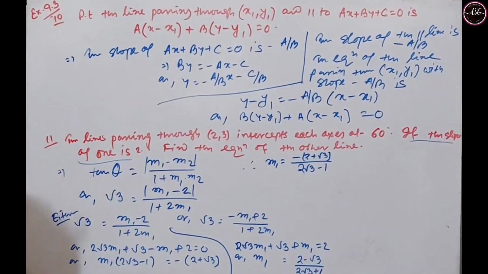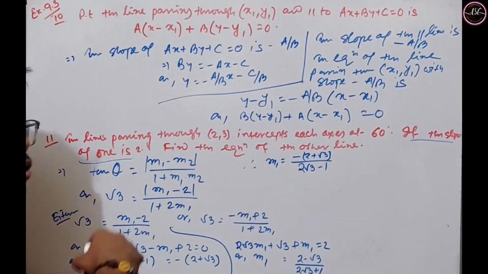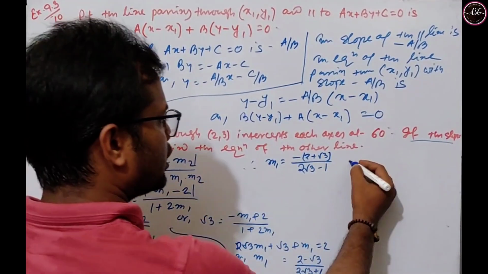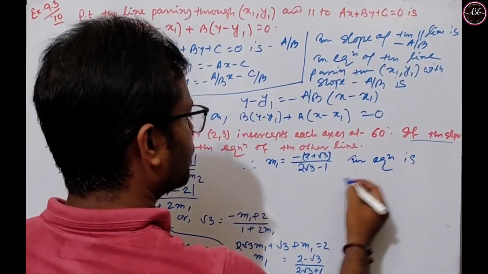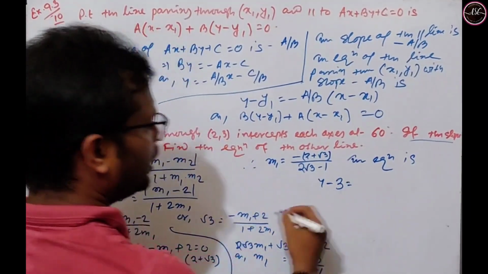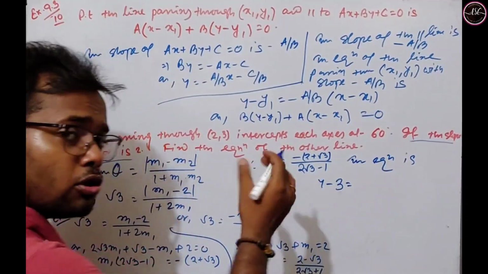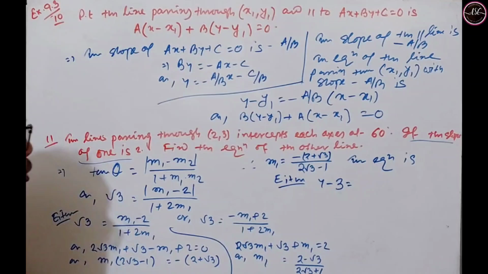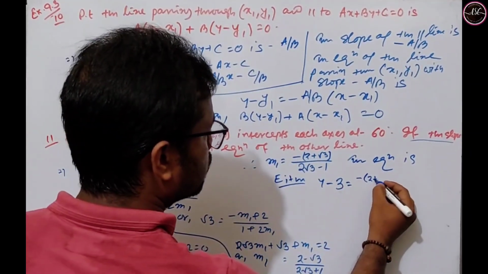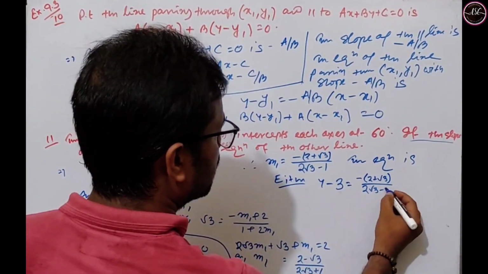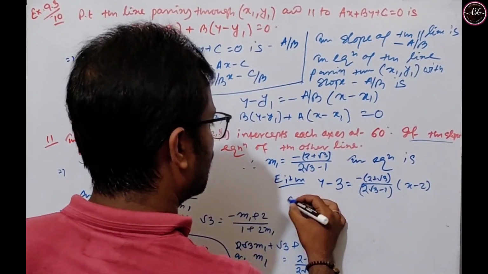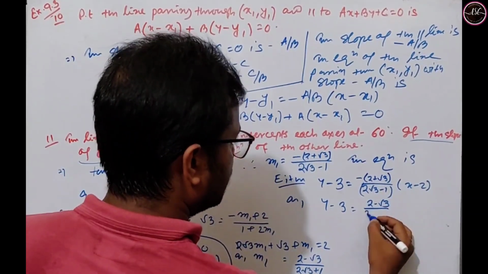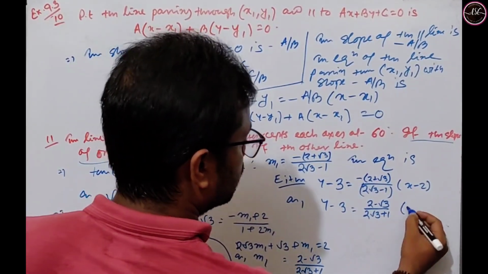So the equation of the line passing through (2, 3) and having the slope m1 is y minus y1, that is y minus 3, equals m1 times (x minus 2). The equation will be of two types. Either put the first value, minus (2 plus root 3) divided by (2 root 3 minus 1), into (x minus 2), or put the other value, (2 minus root 3) divided by (2 root 3 plus 1), into (x minus 2).